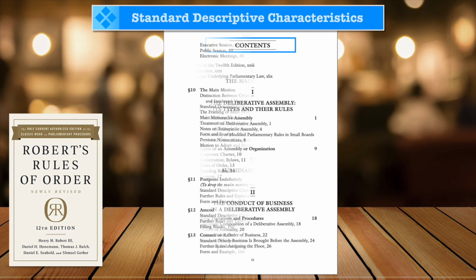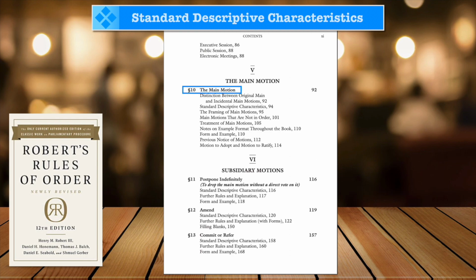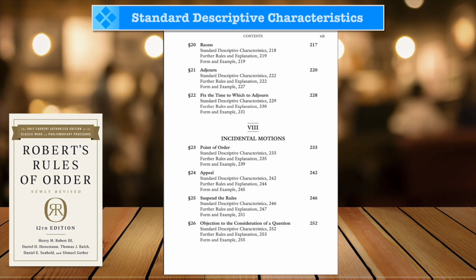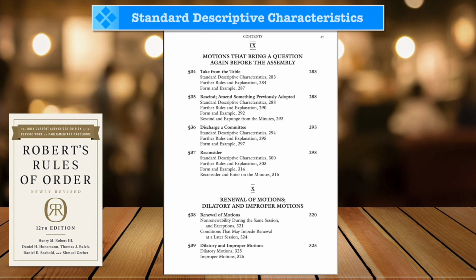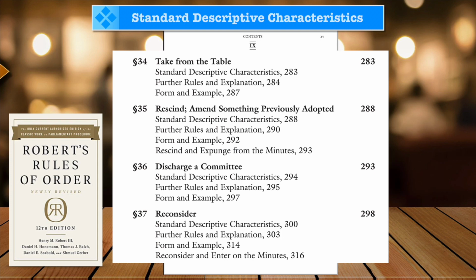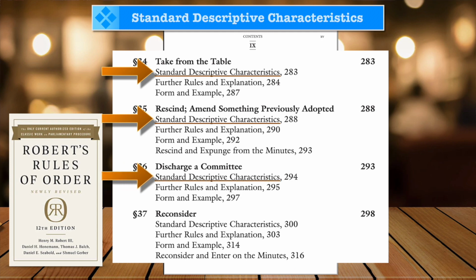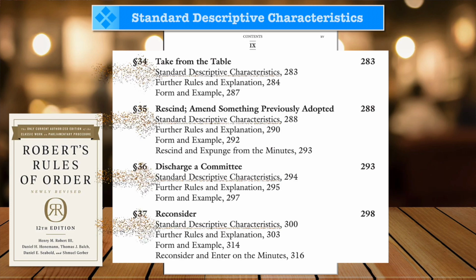If we flip to section 10, where the section on motions starts, we can quickly scan through each section name until we arrive at the name of the motion we're seeking, reconsider. We'll notice that the location of the standard descriptive characteristics is shown for each motion along the way, including our motion, but we don't need to bother looking at the page number. All we need is the section number that aligns with the motion we want to find. In this case, it's section 37.